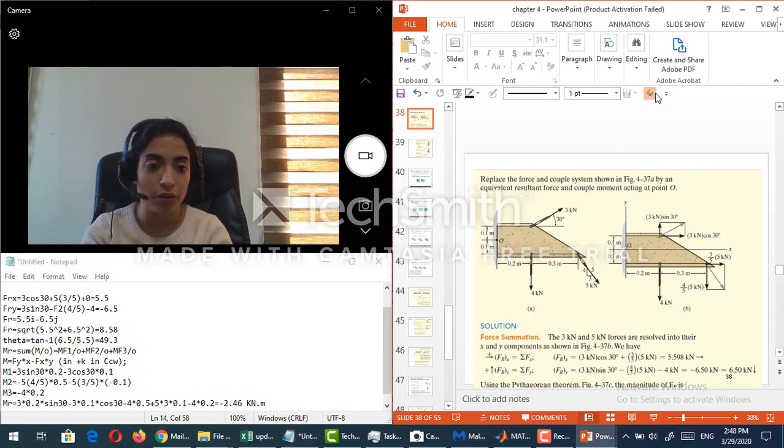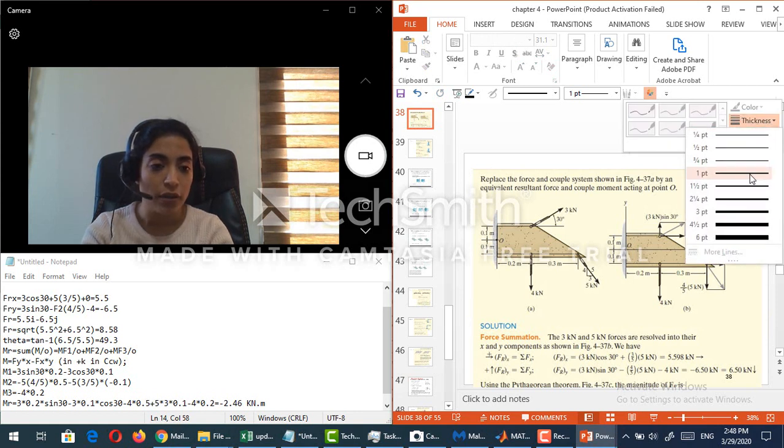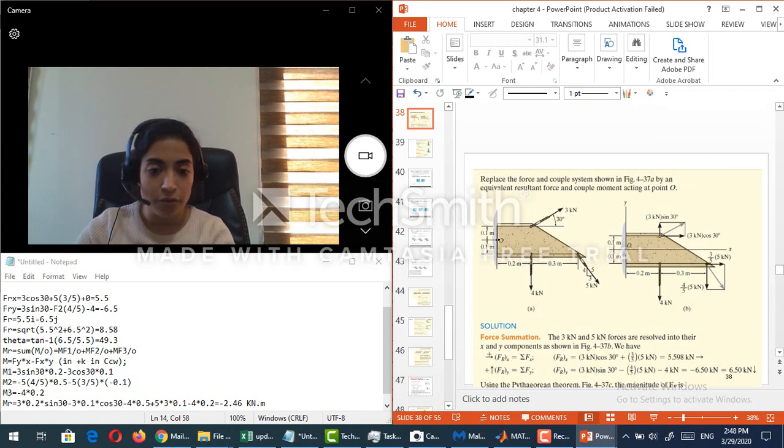Okay, so let's draw it on our figure. As we said, this will be F resultant. This is the angle theta, that is almost equal to 50. And M resultant will be clockwise. Since now, guys, I modified its direction, I cannot say that it is equal to minus 2.46.